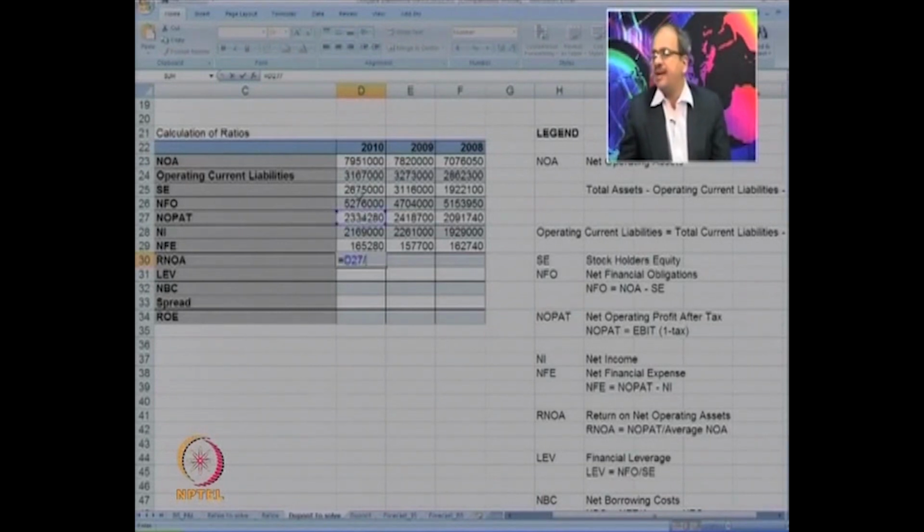We'll divide it by average NOA. So for average, we have to take 2 years figures. So here we have taken these 2 years figures. The last one is somewhat wrong.